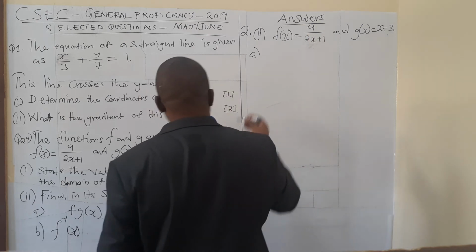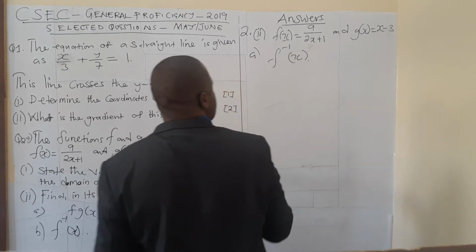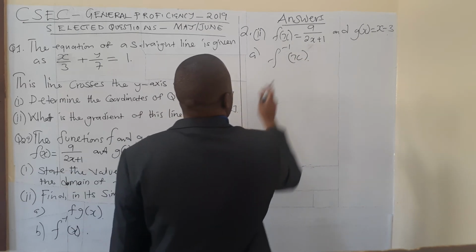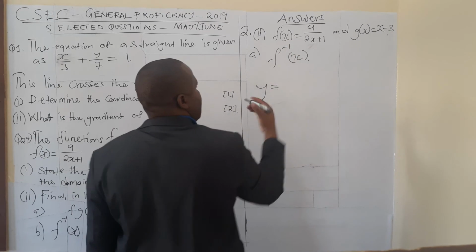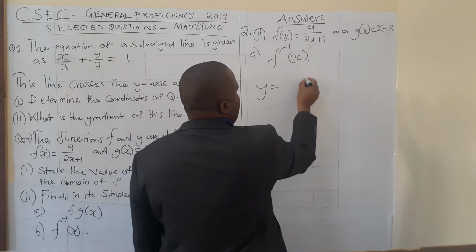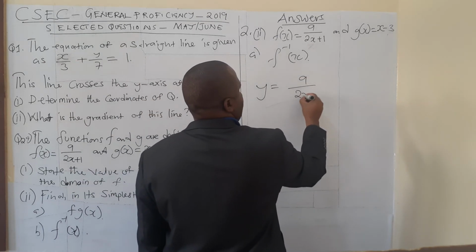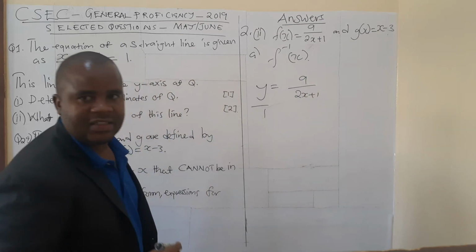Okay, so we want to find the inverse acting on x. So we are going to say here f of x is defined as, it's y in short. So we say y is equal to 9 over 2x plus 1. You can say over 1, and solve for x. We make x the subject.